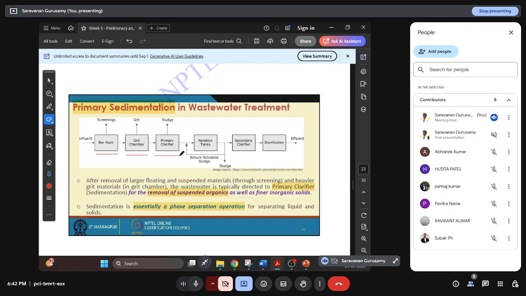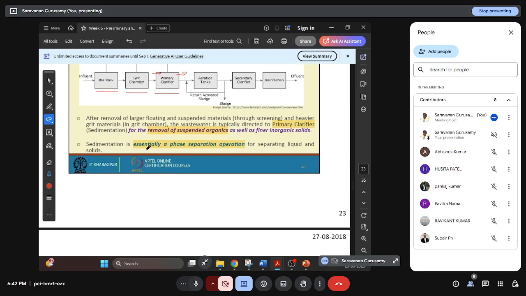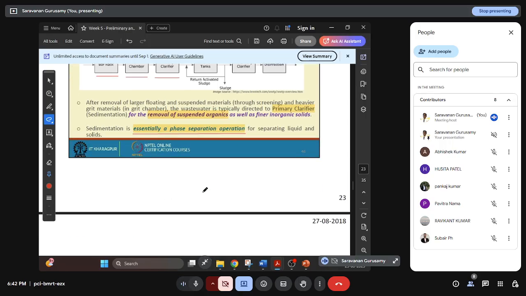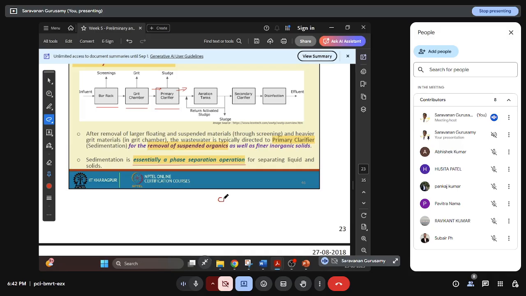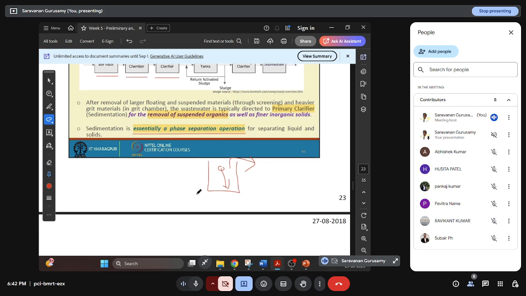So that's the suspended organics. We have a long time to pass through the tank so that all the solids will settle, right? It's essential for the phase separation process, because we are separating the solid and liquid phases. Solids will settle down, liquid will pass through. That's the phase separation. So the sedimentation tank acts as a phase separator.